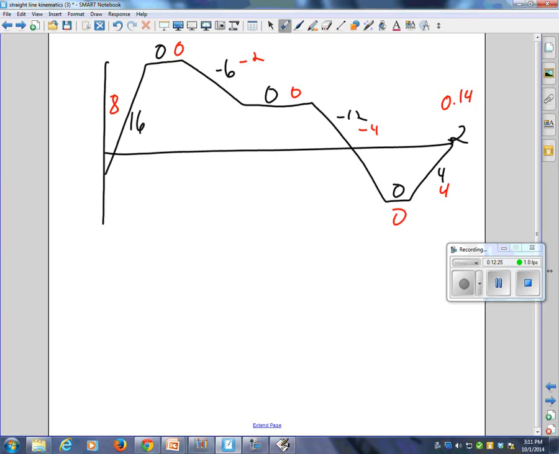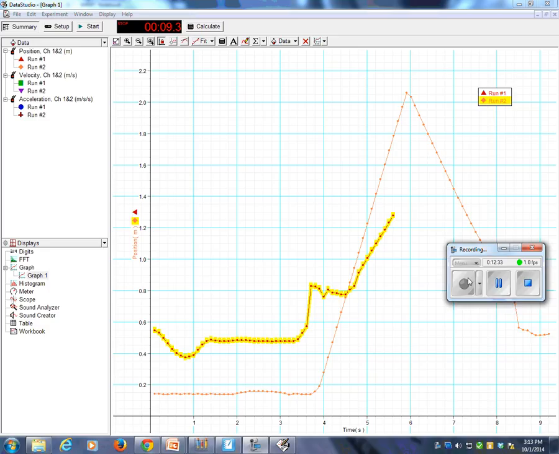Okay, let's have some fun. What do you see up here on the graph as we're playing with the cart? Okay, what kind of graph is this? Is it displacement? Is it velocity? Well, it says position here on the side, right?